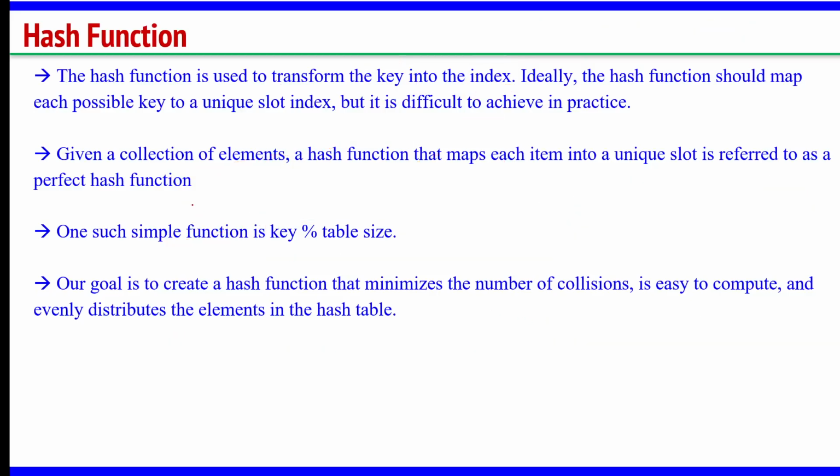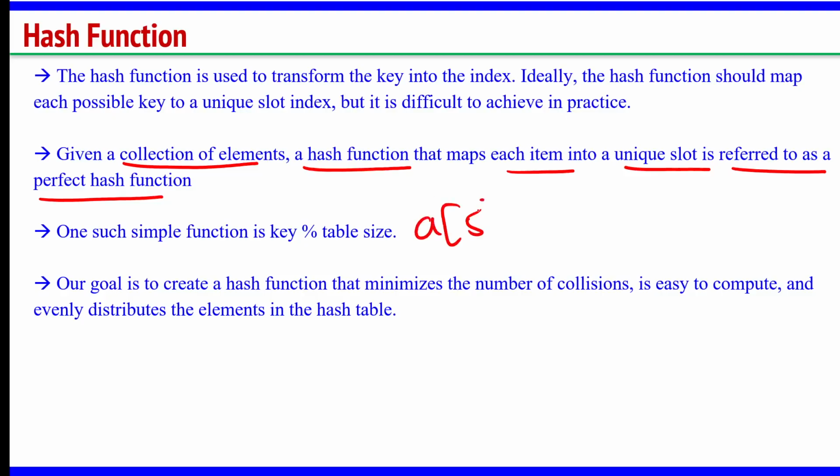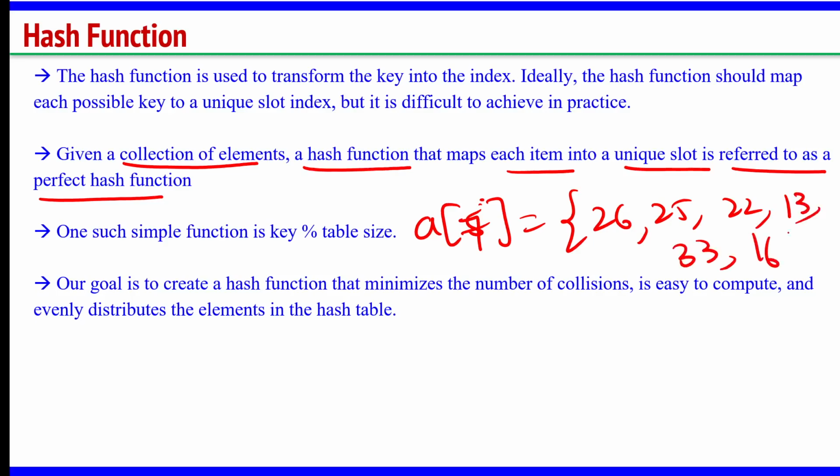Okay, right? Given a collection of elements, a hash function that maps each item into a unique slot is referred to as a perfect hash function. Let us take the same example: A of 7 is equal to 26, 25, 22, 13, 33 and 16.